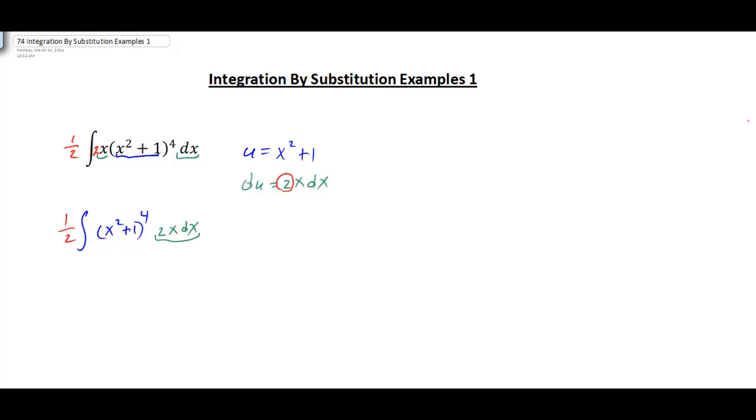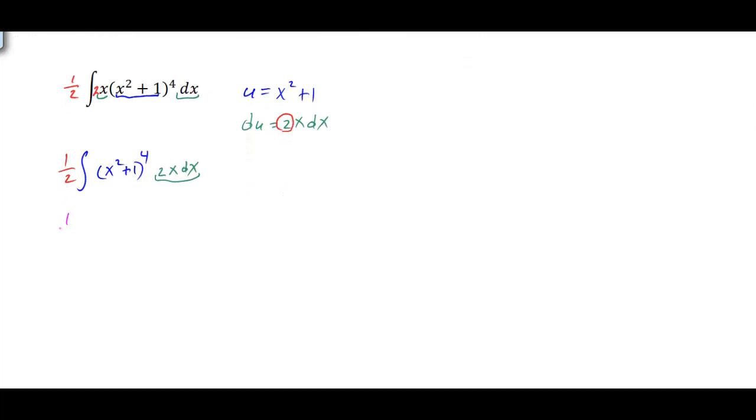So if we perform our substitution here, we would have 1/2 times the integral of u to the fourth du. Now, in the previous video, we did an example very similar to this, but out front we had the 2x. Because we didn't have the 2x, we had to multiply by this 2 to give us our du, and then we can multiply the 1/2 out front to cancel it out.